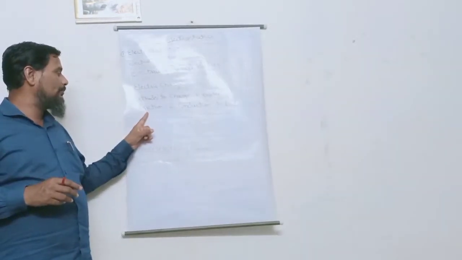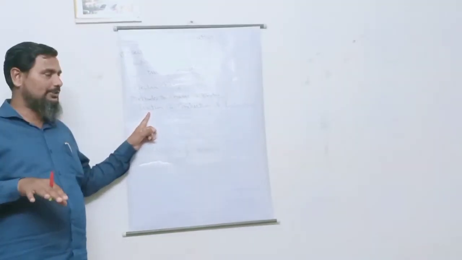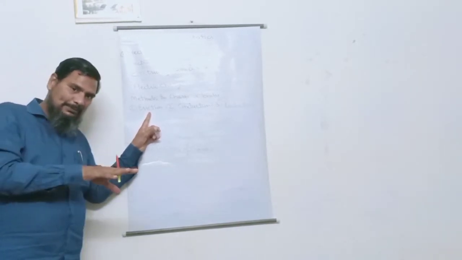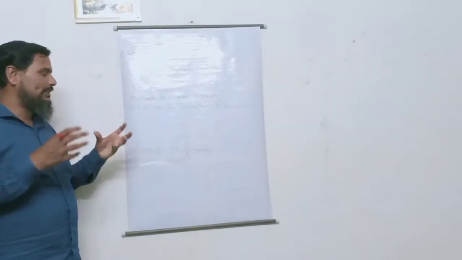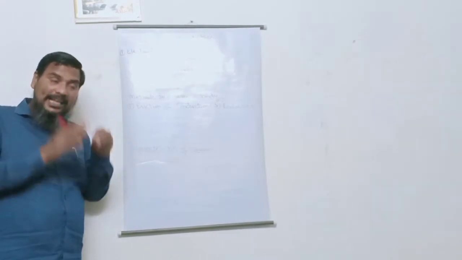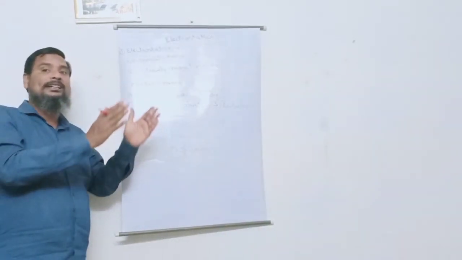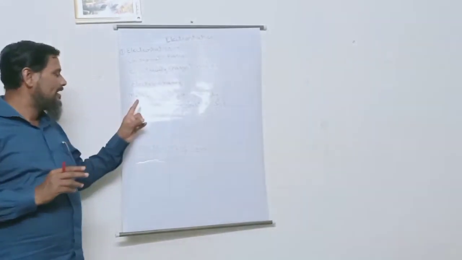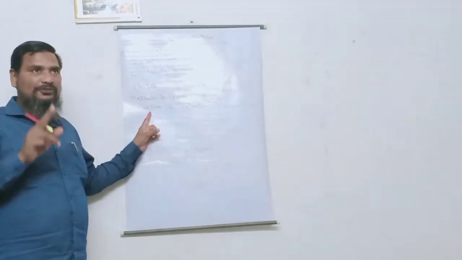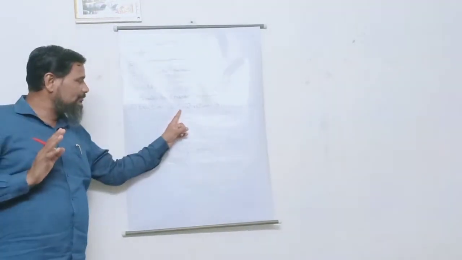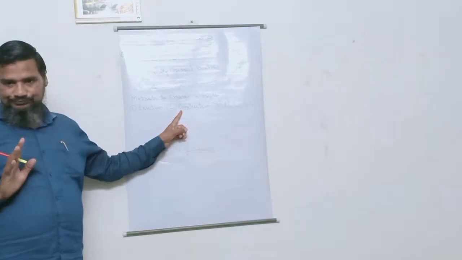This phenomenon is called friction. In friction, again I am repeating, when two bodies are rubbed, they acquire equal and opposite charges. This is called friction. The second one is conduction.